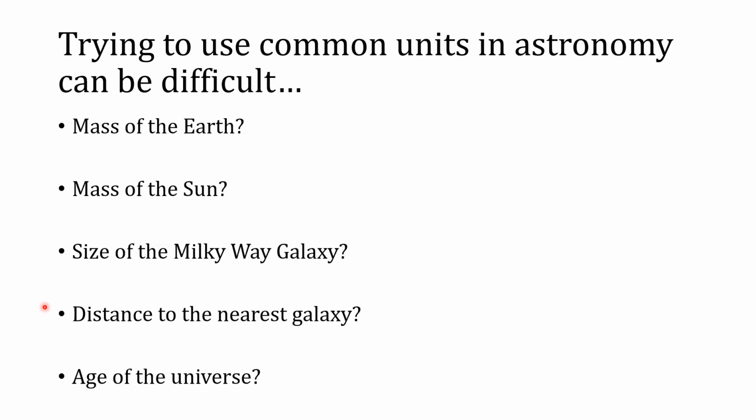So here are some examples of numbers that we might want to know about things in space. We might want to know the mass of the Earth, which you can think of as how much material goes into the Earth, or slightly less accurately, how heavy the Earth is, and you could think of how heavy the Sun is.